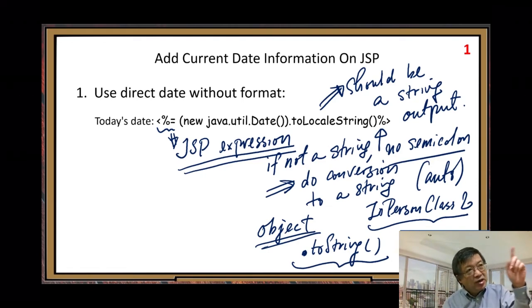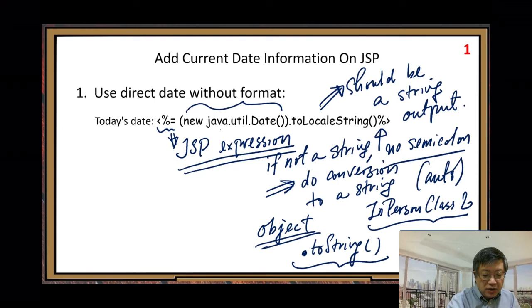First, we construct an object, new java.util.Date. Here you can see the package name is included. But sometimes people may not like to include the package.